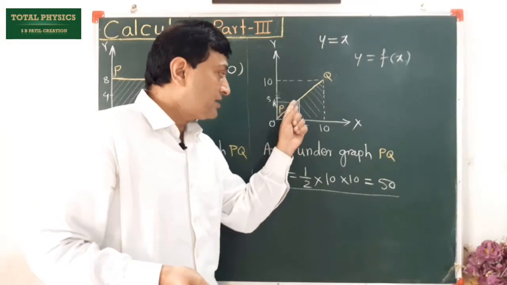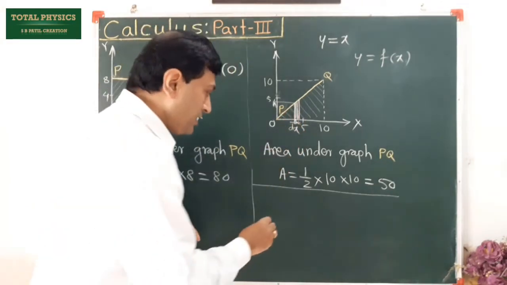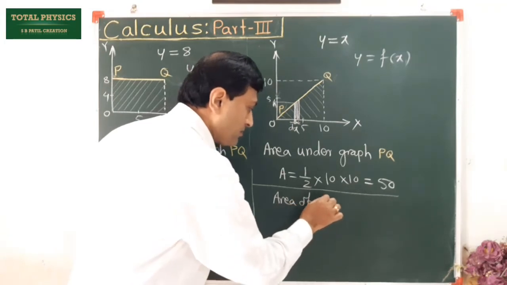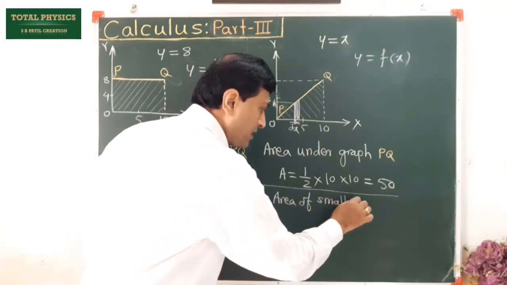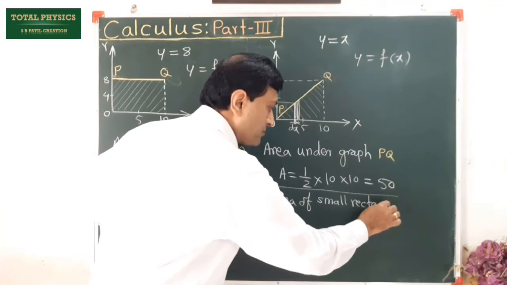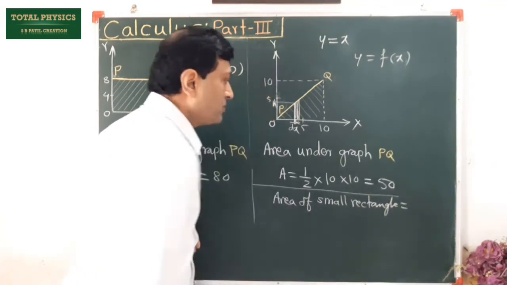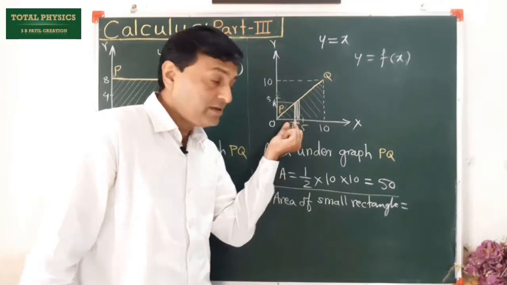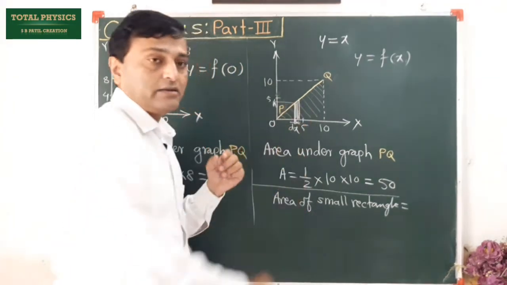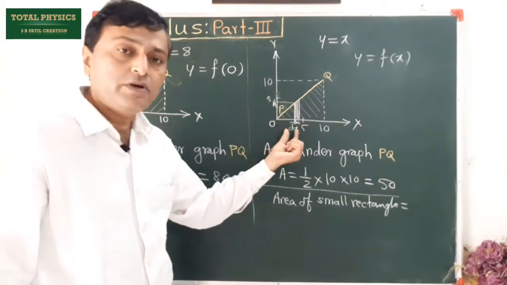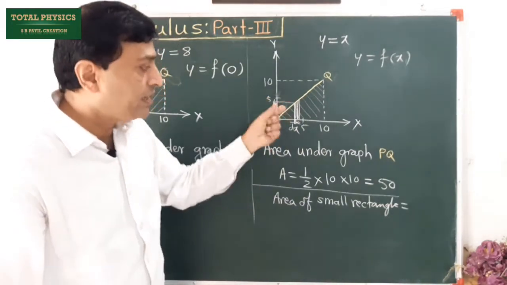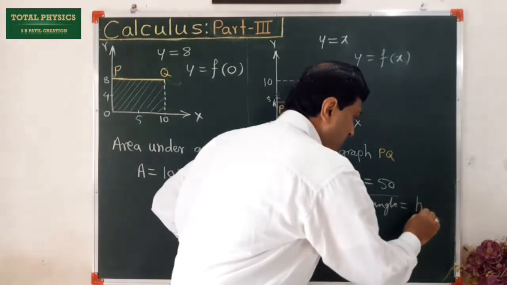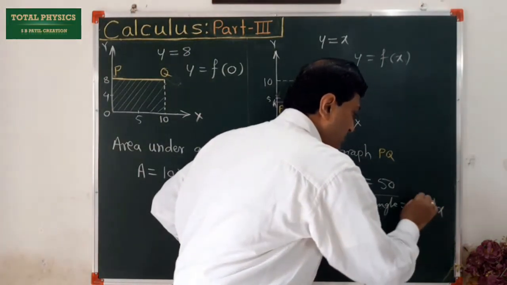Now the area of this small rectangle is equal to this length, or you can say breadth, and this h into dx, or this y into dx, any form you can take, h into dx.